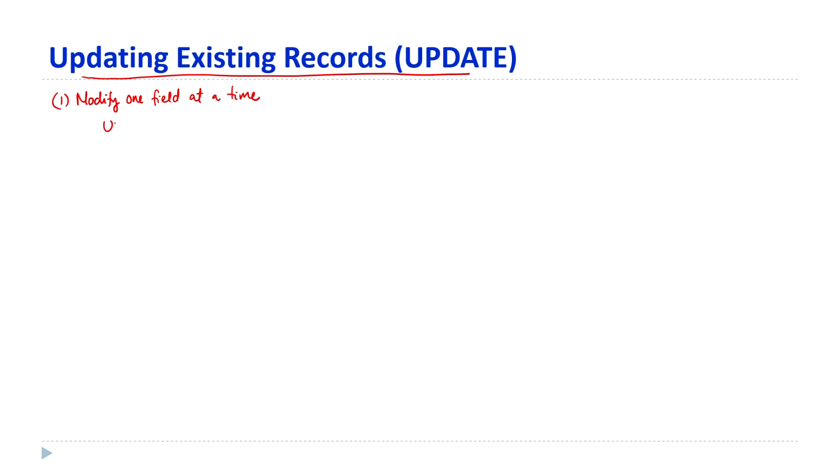So, the query is update table name, set, that is a keyword, set field 3 equals new value, where field 1 equals criteria.